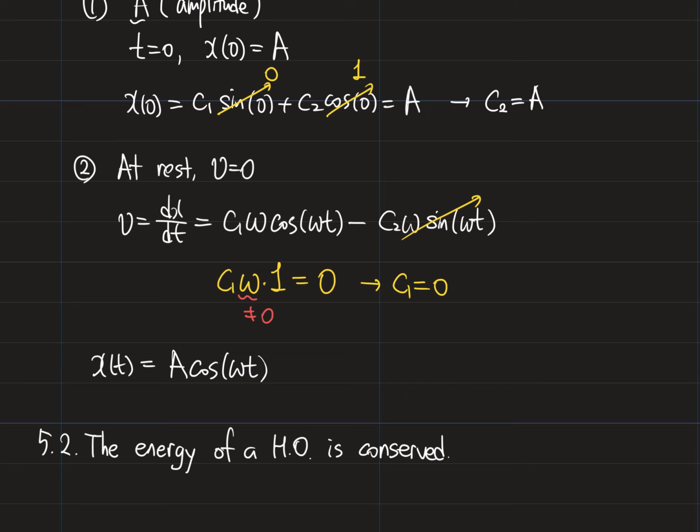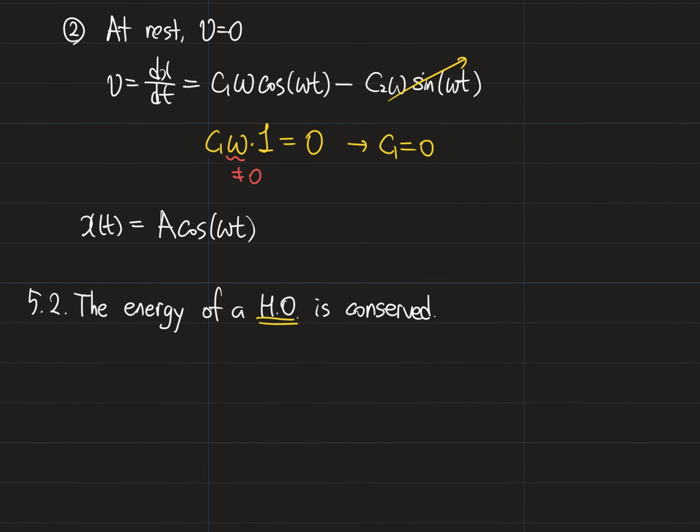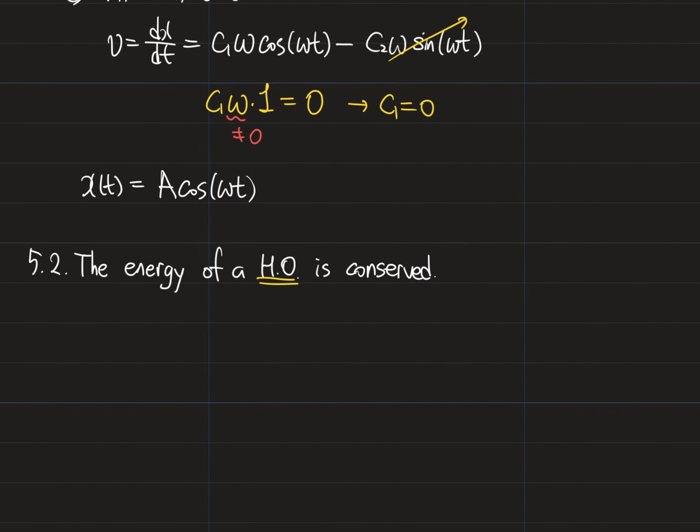The energy is conserved, and especially for a harmonic oscillator, the total energy is conserved, and it just changes its form, like from kinetic energy to potential energy, and from potential energy to kinetic energy. So we are not going to discuss in detail, and you can read this part by yourself. Okay, let's move on to the next section.